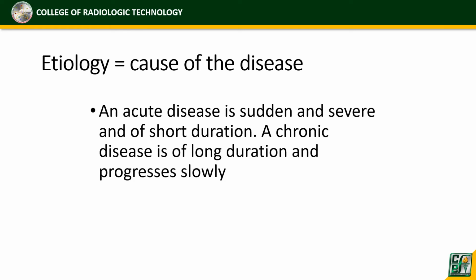Next, also when describing diseases, we have what we call acute and chronic. An acute disease is sudden and severe, but of short duration. Again, acute: sudden, severe, short duration.